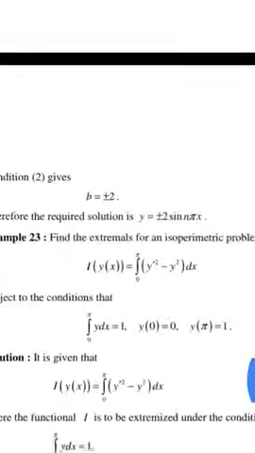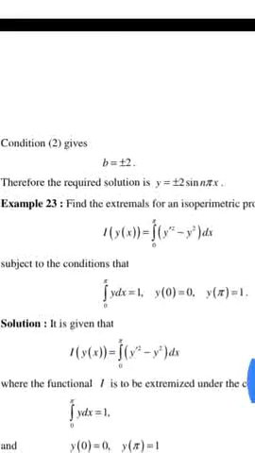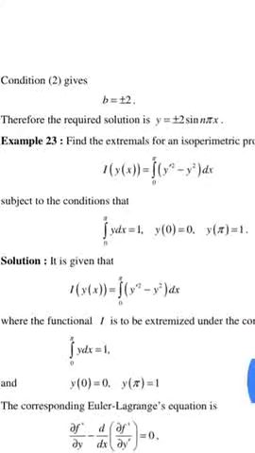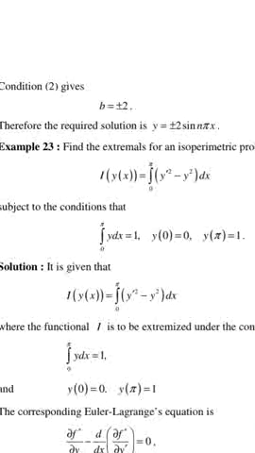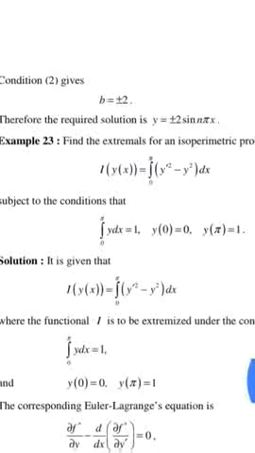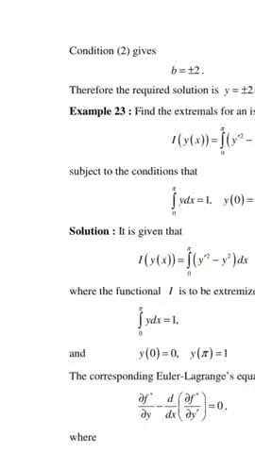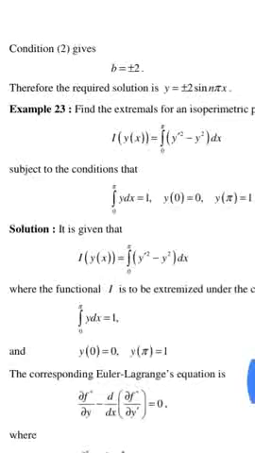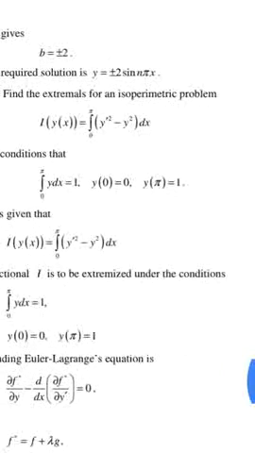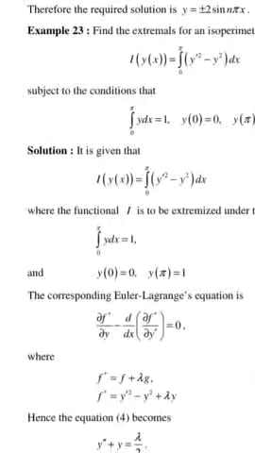This is the required solution. Next example: find the extremal for an isoperimetric problem. I of y of x is equal to the integral from 0 to pi of (y dash square minus y square) dx, subject to the condition that the integral from 0 to pi of y dx is equal to 1, y of 0 is equal to 0, y of pi is equal to 1.